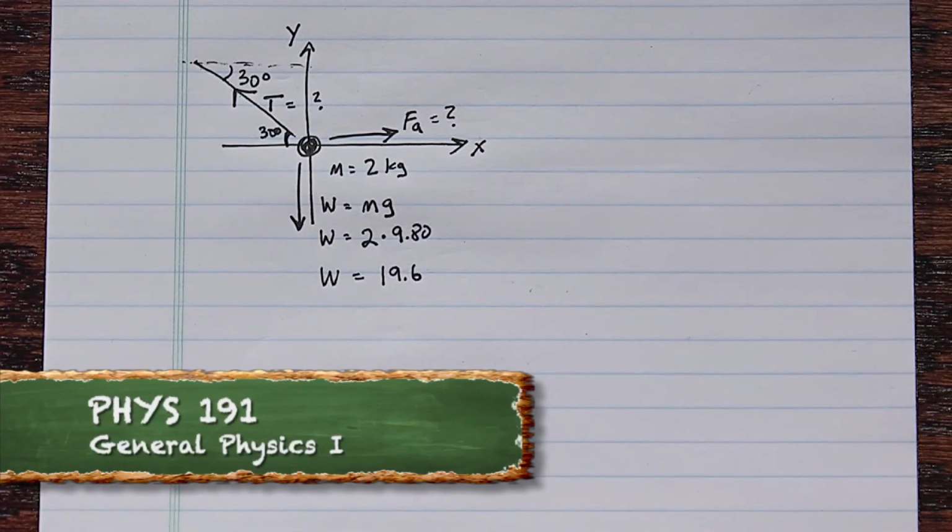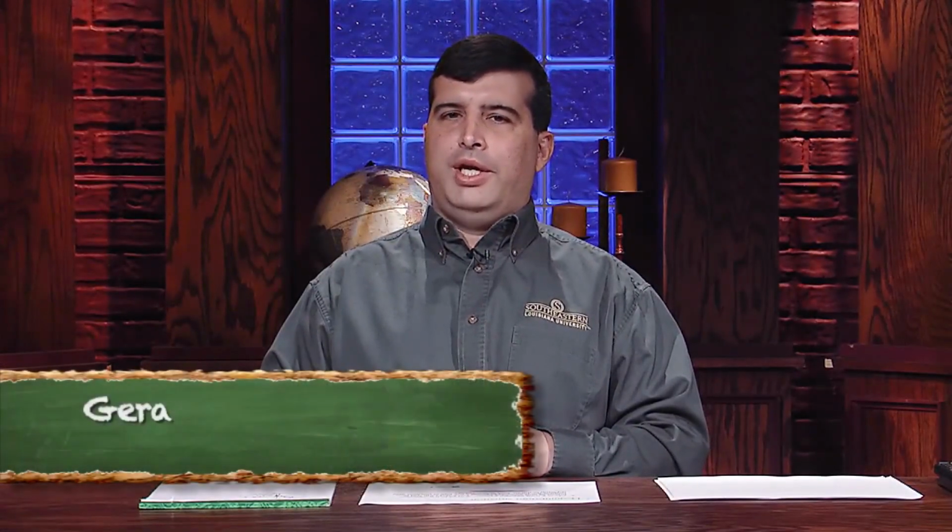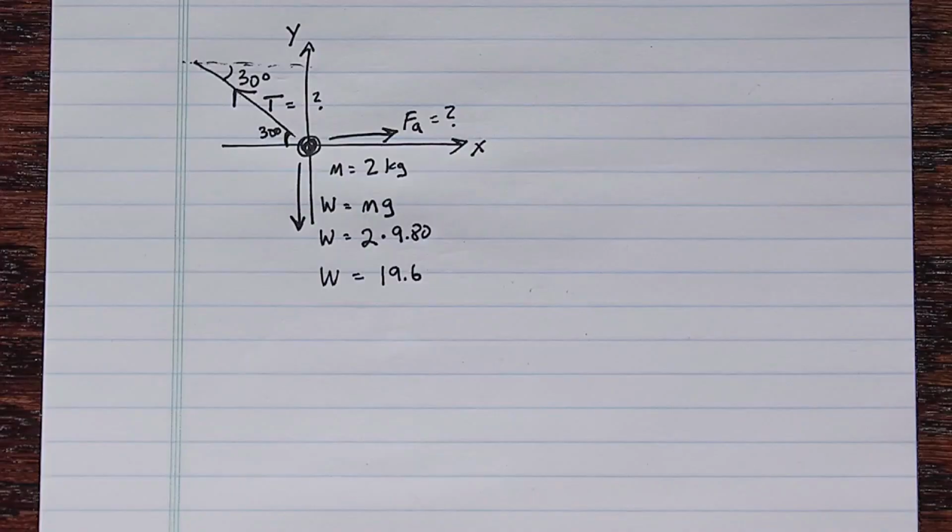What can we do? From algebra we know that if we have two unknowns, we have to have two equations. What are our two equations? That's where we bring physics into the situation. That's where we bring in Newton's first law. The ball is at rest and it remains at rest, so the ball is in static equilibrium.